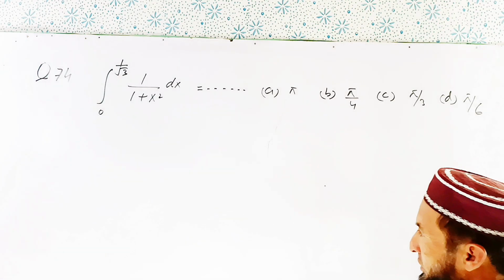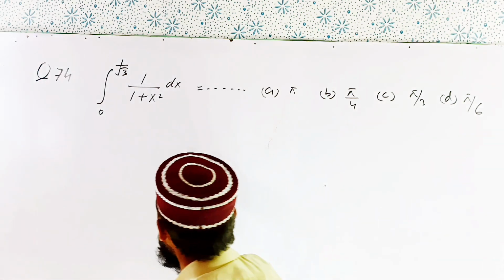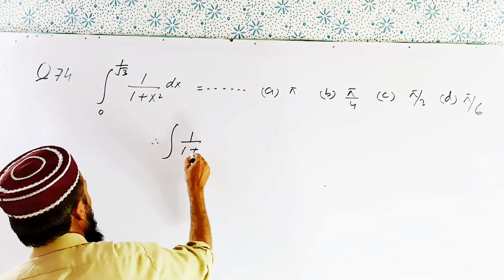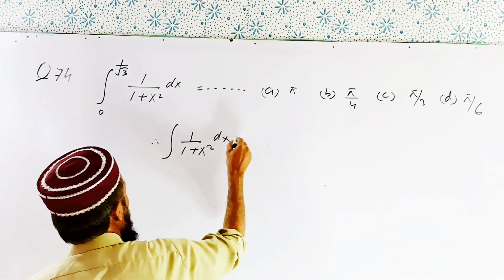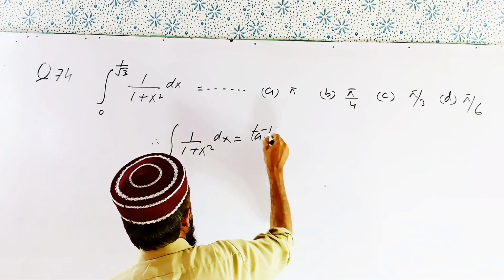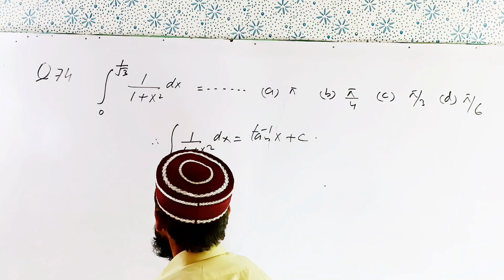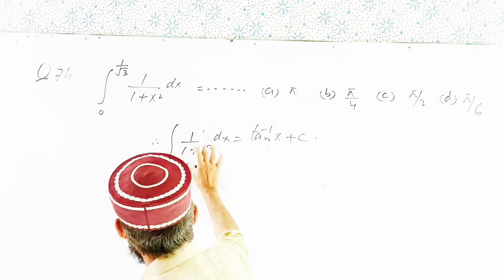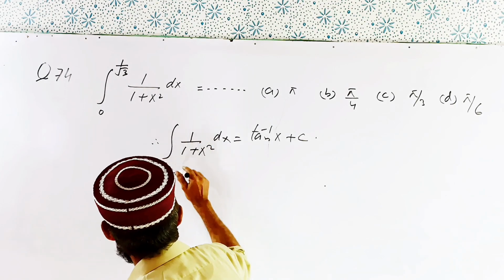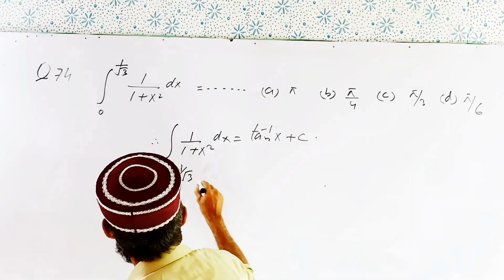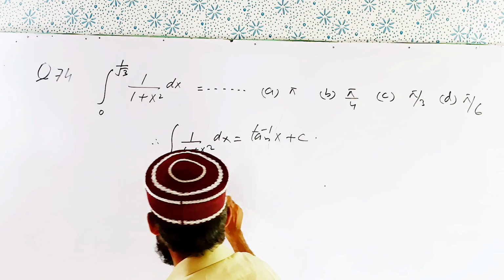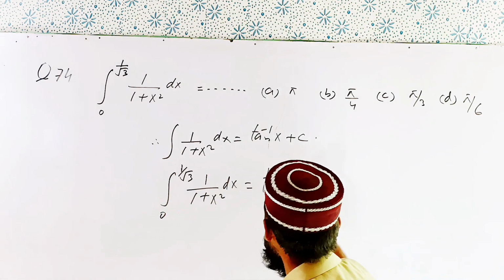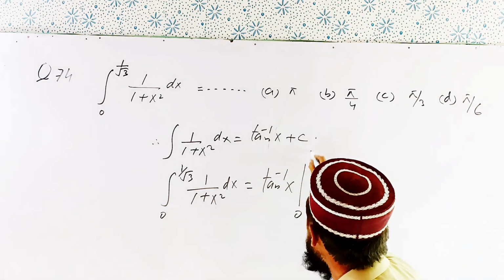As we know, the simple integration of 1 divided by 1 plus x square is tangent inverse x plus c. Now the limits are given, 0 to 1 by √3, of 1 over 1 plus x square dx. According to this formula, tangent inverse x from 0 to 1 by √3.